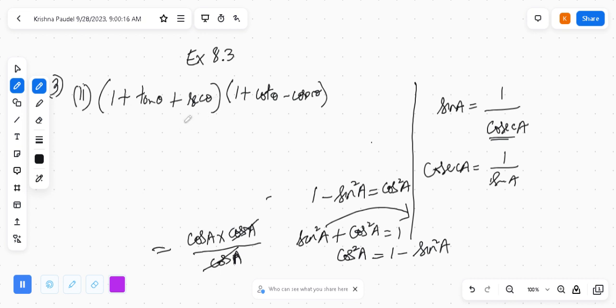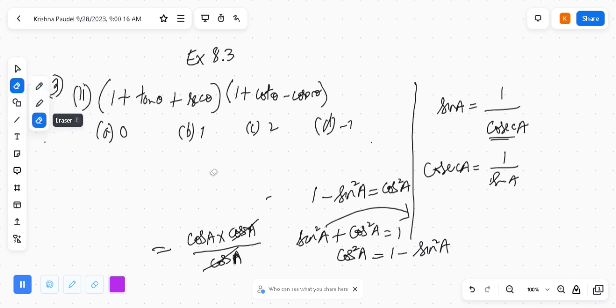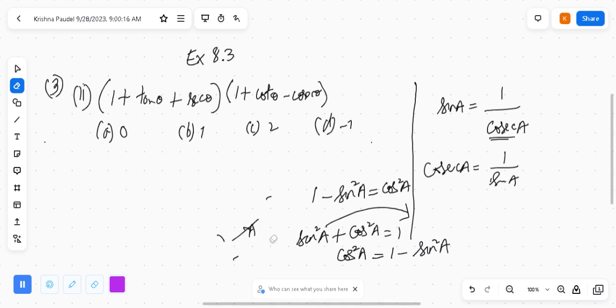If you see the book, the options are A 0, B is 1, C is 2, and D is minus 1. So the main thing is how we approach this kind of sum. That is what we are trying to learn here in this class.